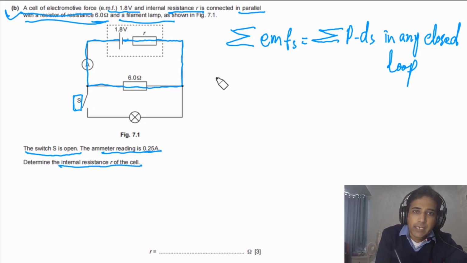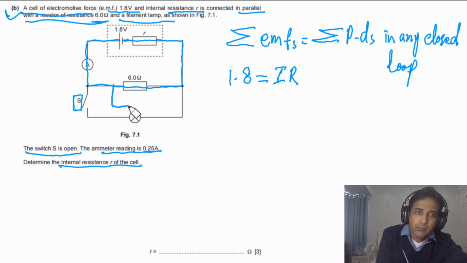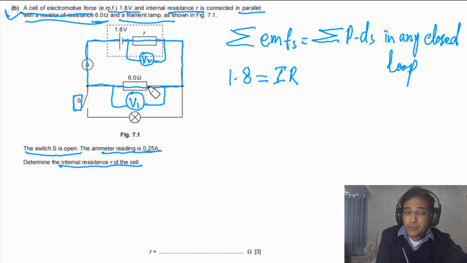In this case, we have EMF equal to 1.8 volts, and we have current I times capital R, the PD across this one. We can also draw a voltmeter here, so we can say this is voltmeter 1, V1. Across this one, let's say we have V2, but actually you cannot connect inside, but just for understanding we are saying the PD across this one is V2.